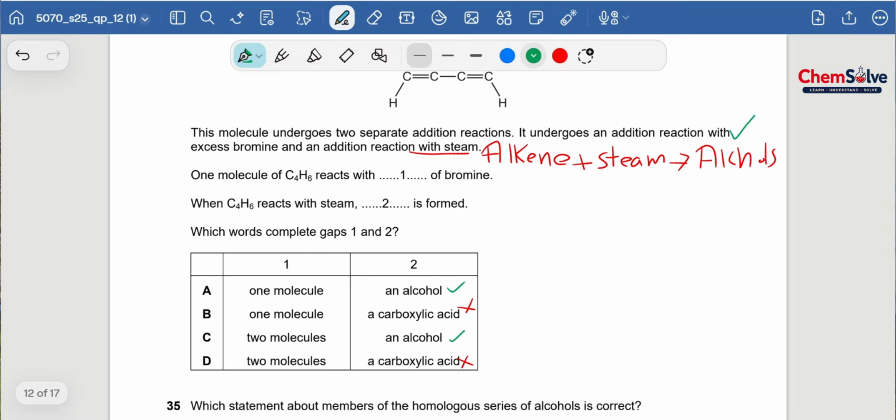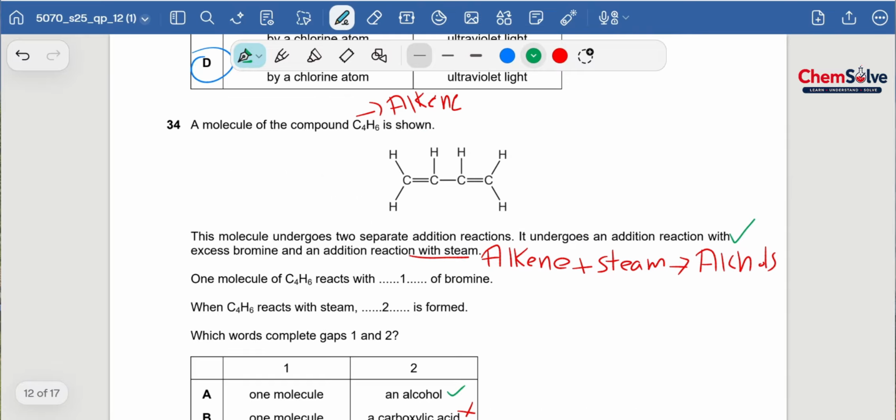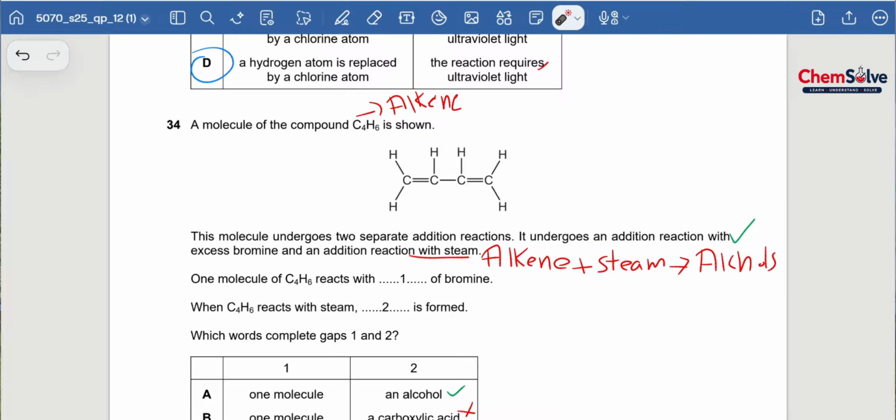Now look at the first blank. One molecule of C4H6 reacts with one molecule of bromine or two molecules of bromine? Okay, so let me write this again. You can see there are two double bonds here.